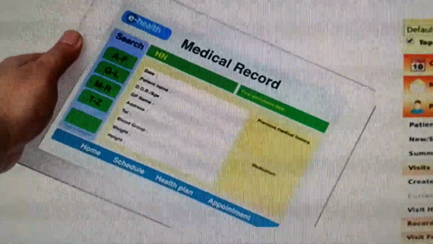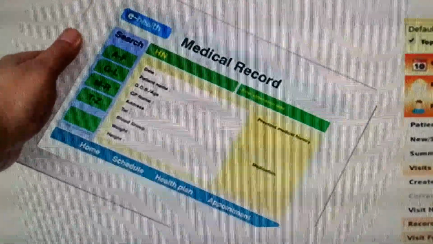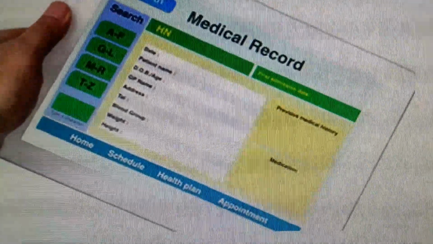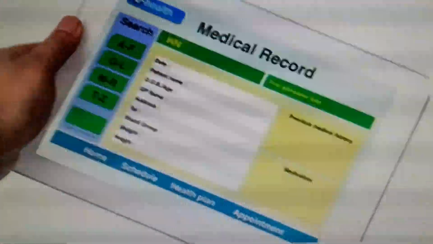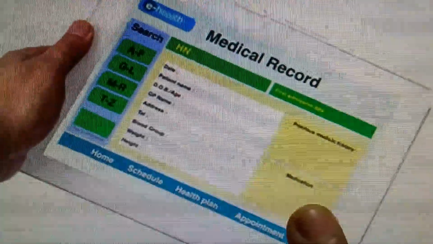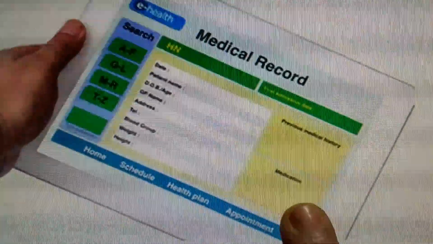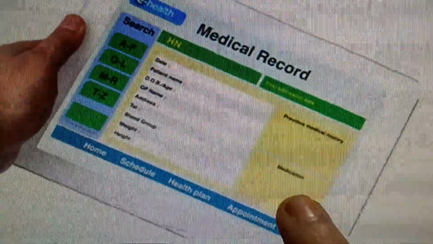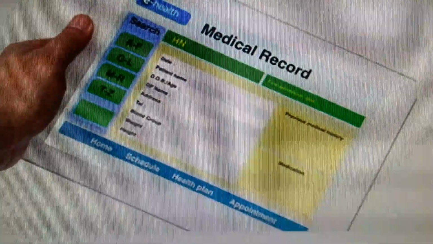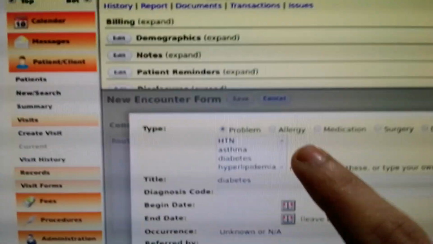So this way the medical record of the patient is stored. This is a software application. It asks for information like date of birth, patient name, age, previous medical history, the prescriptions the doctor has given, and medicines the doctor has written. All such records are stored with the use of an application.